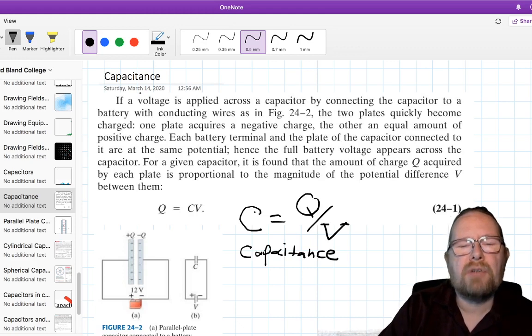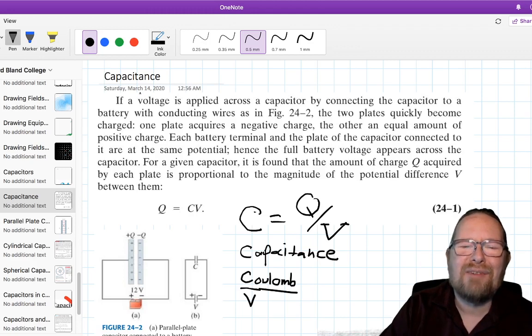Capacitance is measured in units of coulombs per volt, right? Charge per unit volt. And I realize it's confusing that for capacitance we use the symbol C, and we also use a capital C for the unit of electrical charge, which is a coulomb.